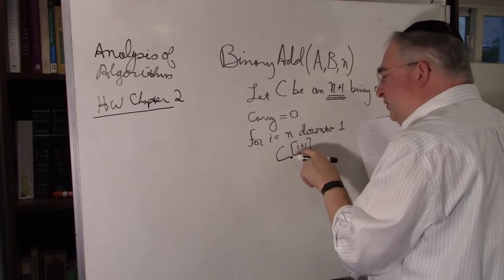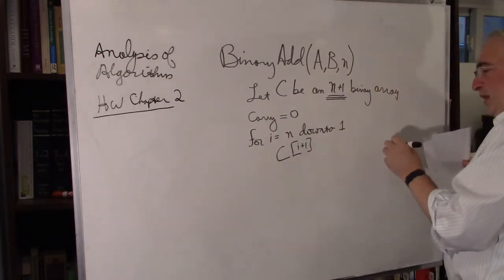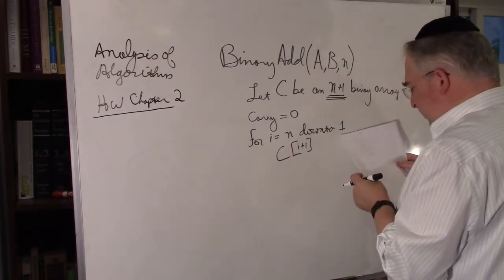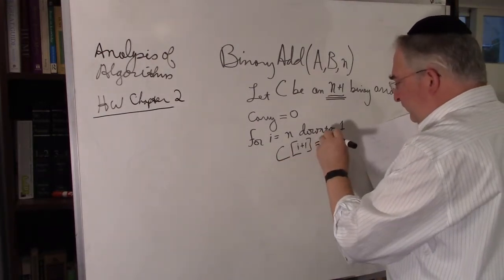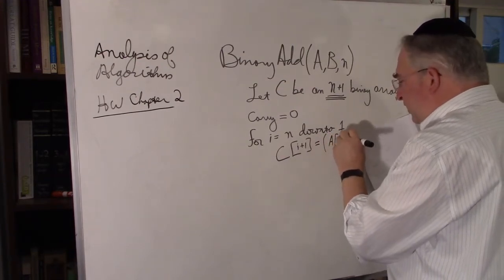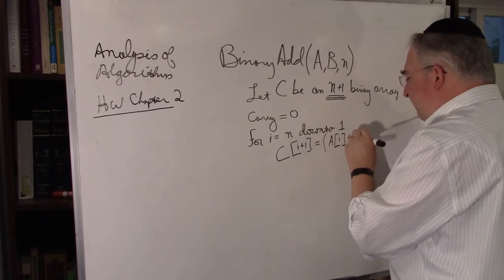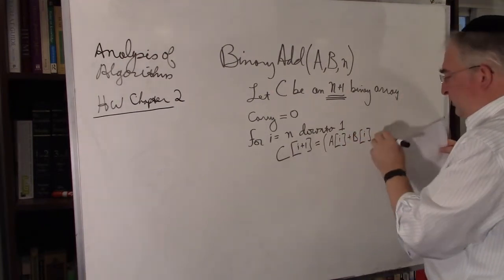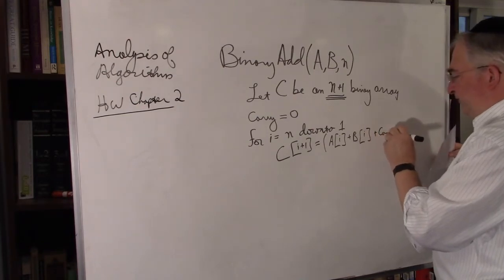C of i+1 is going to be all the way on the last position, and we're going to go downwards like that. What's it equal to? Well, you have to add 3 things: A of i, the ith bit, plus B of i, the ith bit of B, plus carry.